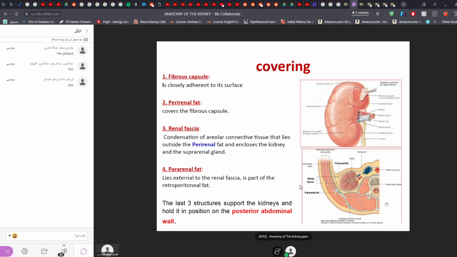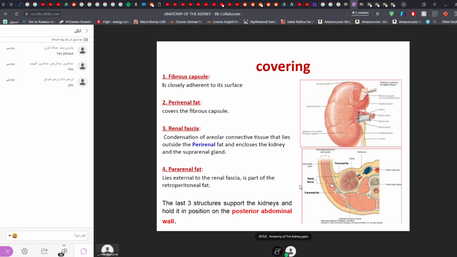Kidney is lying in the posterior abdominal wall, but it is not attached to any muscle, nor does it have a ligamentous support, yet the kidney stays in its position in the posterior abdominal wall. How? Number one, it is attached to the aorta and inferior vena cava through the renal artery and vein. But the most dynamic support is the fascia which covers it.